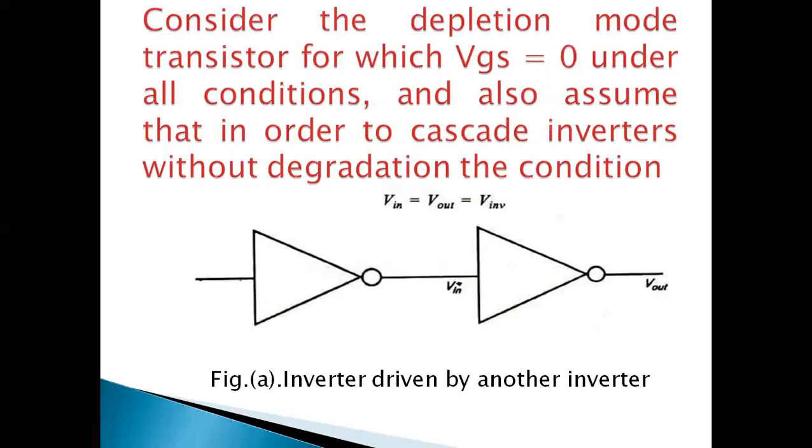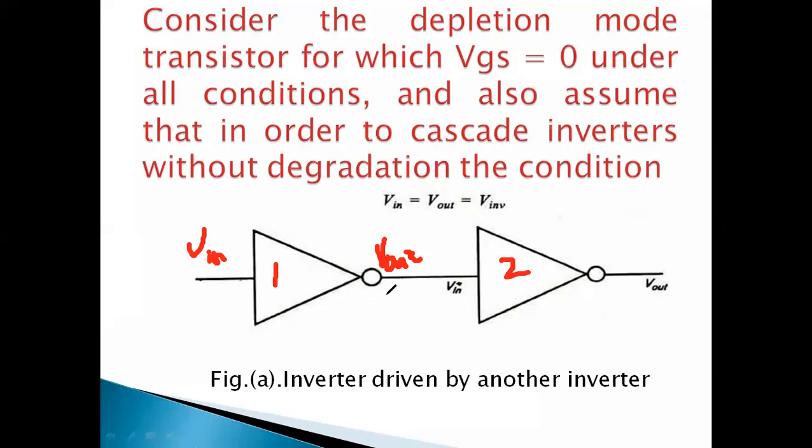Here, in this case, there are two NMOS inverters. Say inverter 1 and inverter 2. If Vin is the input of inverter 1, its output is Vout, and this Vout will be treated as Vin to the second inverter, that is driven.